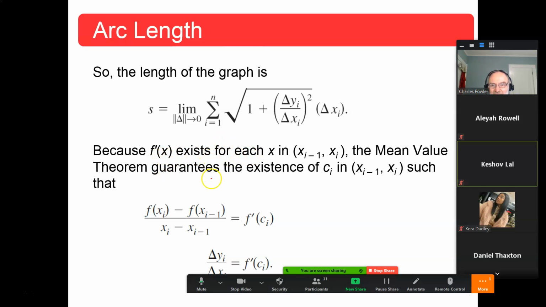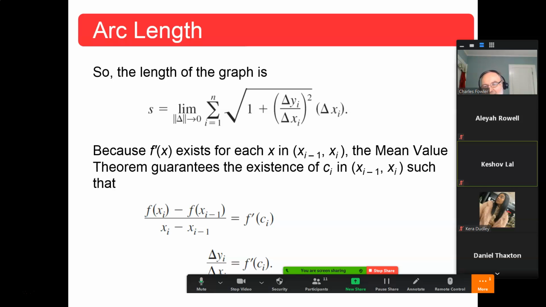The mean value theorem guarantees the existence of some c sub i on the interval between x sub i minus 1 and x sub i, such that the first derivative there will mirror the difference. So delta y sub i over delta x sub i just becomes your dy/dx, the first derivative at some value c sub i in that interval.